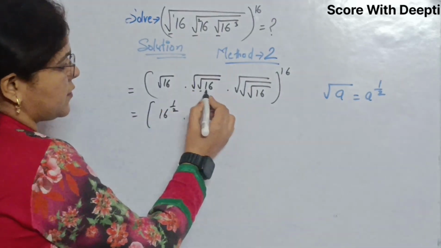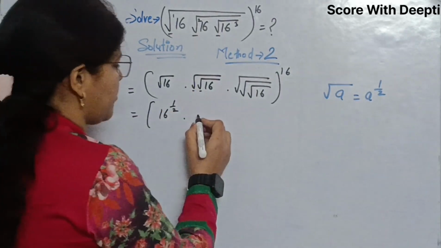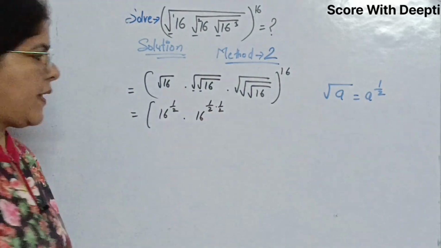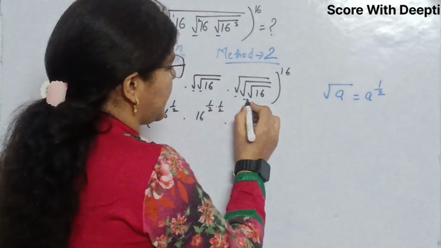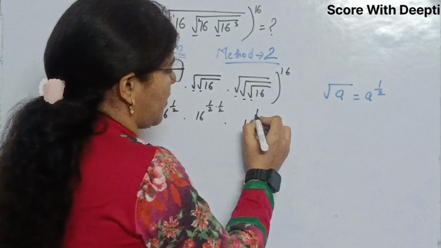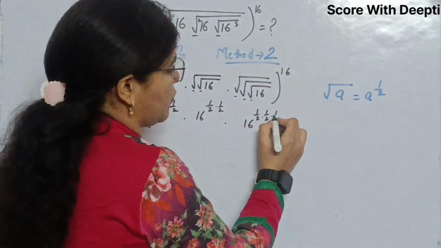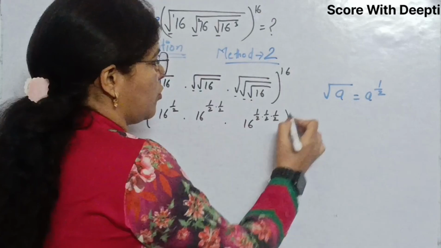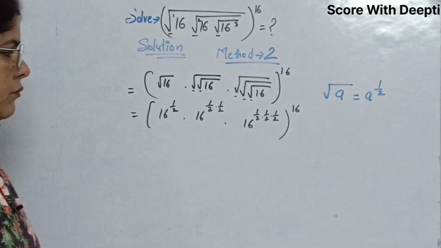Here, 2 times square root means we will write 16 to the power 1 by 2 into 1 by 2. Next, here 3 times square root, we will write 16 to the power 1 by 2 into 1 by 2 into 1 by 2. That means we will write 1 by 2 three times, to the whole power 16.